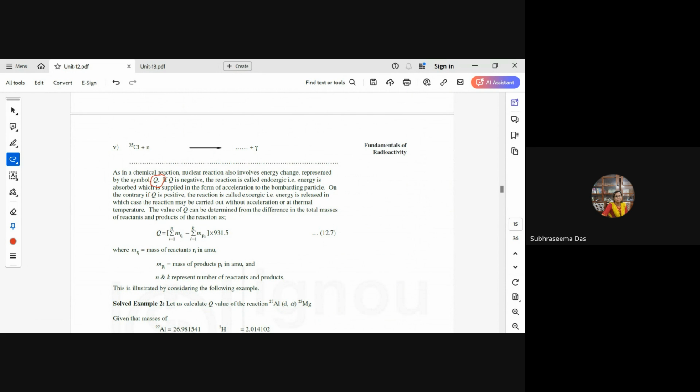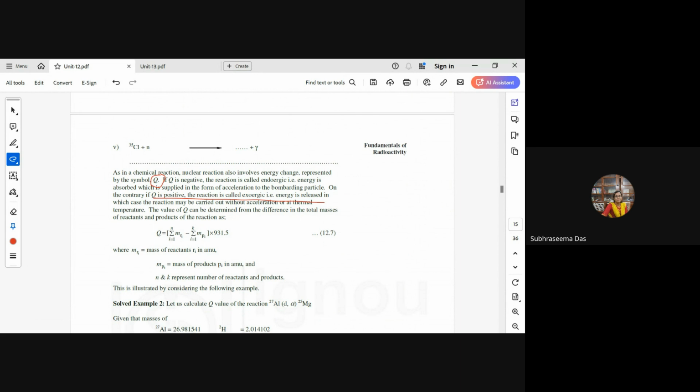If the Q value is negative, then the reaction is called endoergic in nature. That is, the energy is absorbed in the form of an acceleration to the bombarding particle. On the other hand, if Q is positive, then the reaction is called exoergic in nature, and the reaction is carried out without acceleration or at thermal temperature.